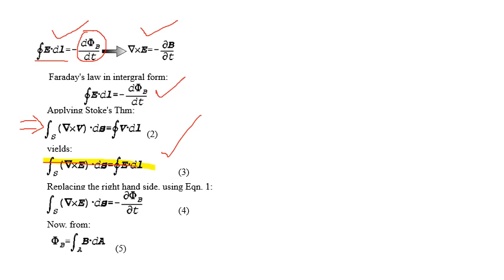So if we replace d phi by dt with this, this can be written as an equation like this. Yes, we have used the same area, that is why we have converted dA into ds. So both are here. So finally, del cross E is equal to minus del B over del t.